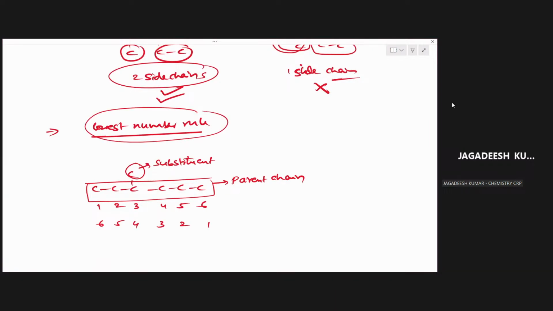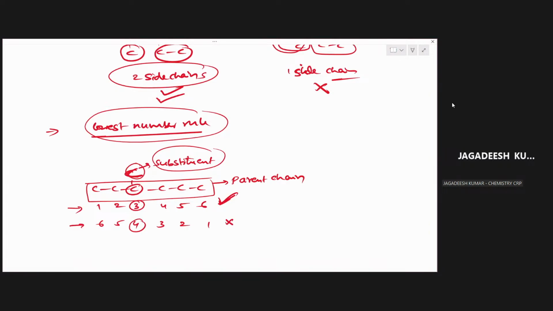Lowest number means for the substituent. Here the substituent is connected with which carbon? According to this numbering, the substituent is connected with the third carbon. But according to the other numbering, it is 4. Which one is the least number? Yes, the first one is the least number. So that's why you have to select this one.